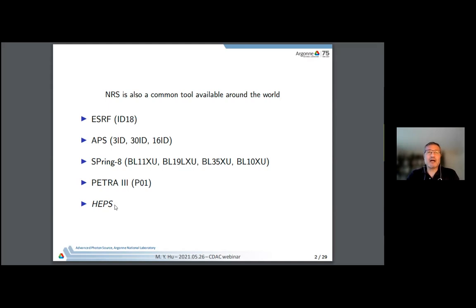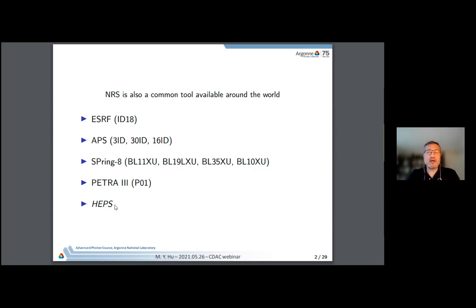Talking about these sources, as you already know, many have gone through or are undergoing upgrades. ESRF has already done that, and they are keeping their timing mode. APS will change the timing mode a little bit, and that affects one particular area, but for the most part it is okay.